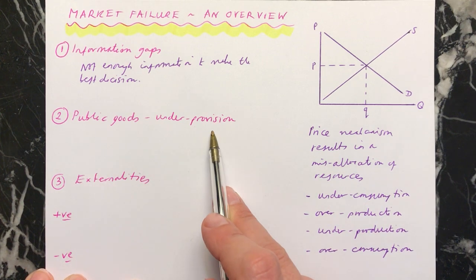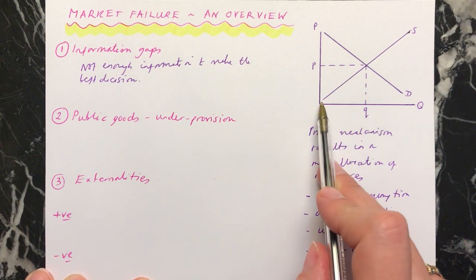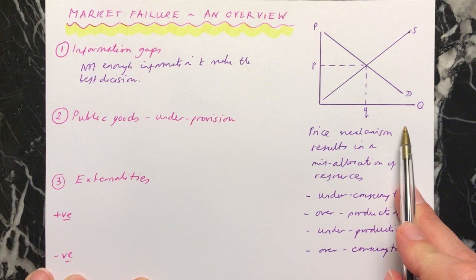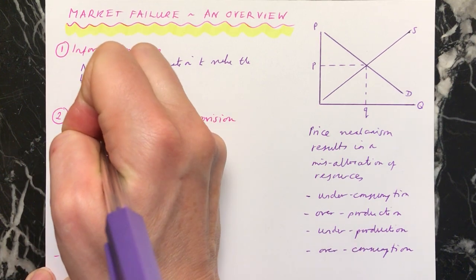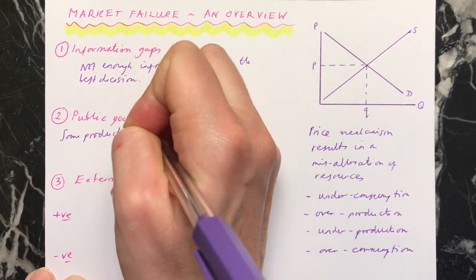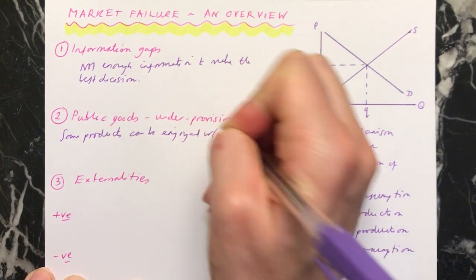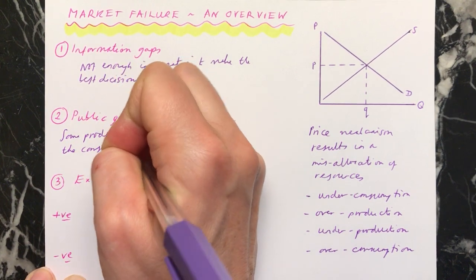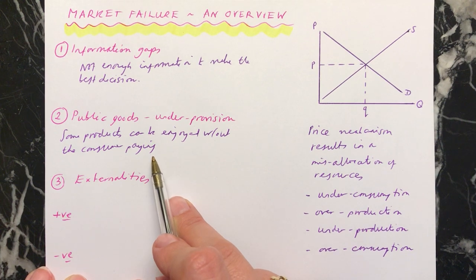The second one is public goods, and the fact that we have under provision of these. If we leave some products to be supplied just by the market, by demand and supply, we don't have enough of them. And that's because some goods and services, so some products, can be enjoyed without the consumer paying. So there are some things that you can take advantage of without having to pay for them.